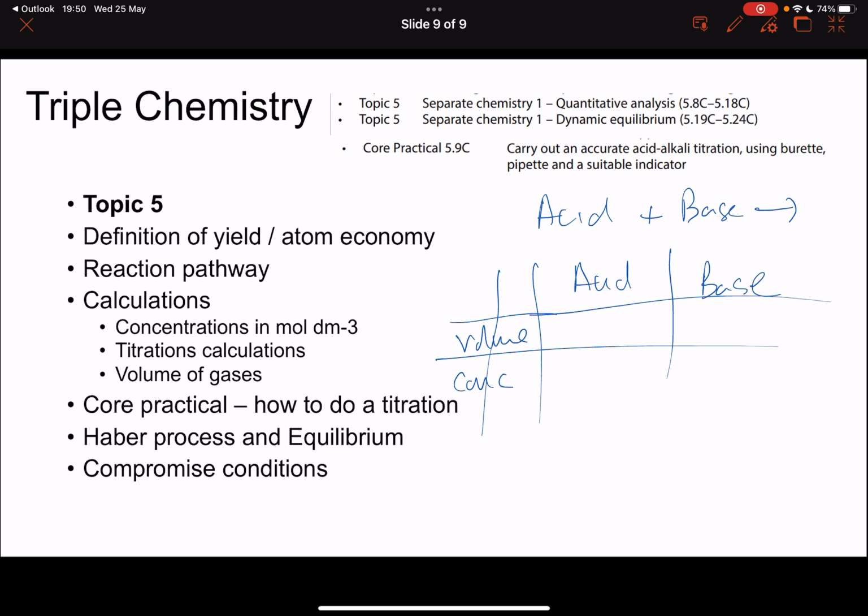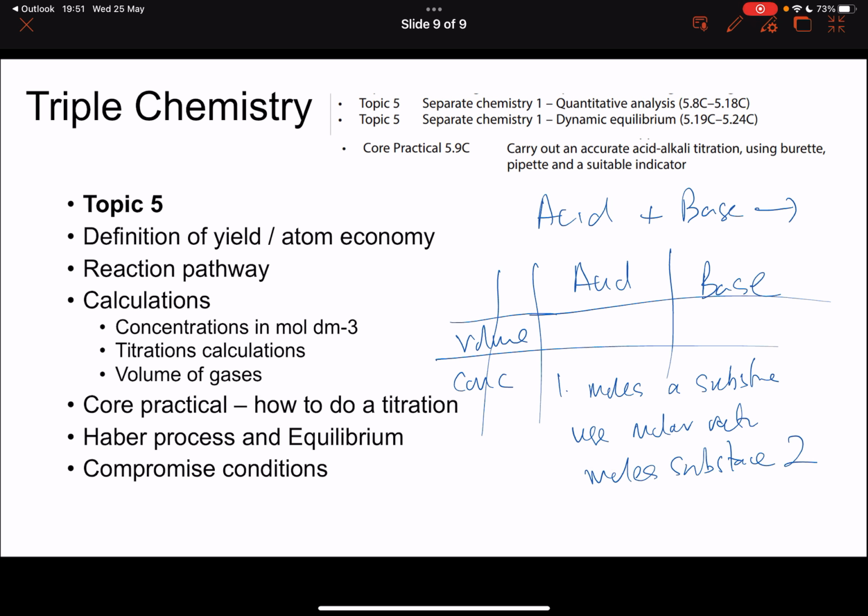Normally, you will always be given volume and concentration of at least one of the substances. Then work out moles of a substance. Then use the molar ratio to work out moles of substance 2.